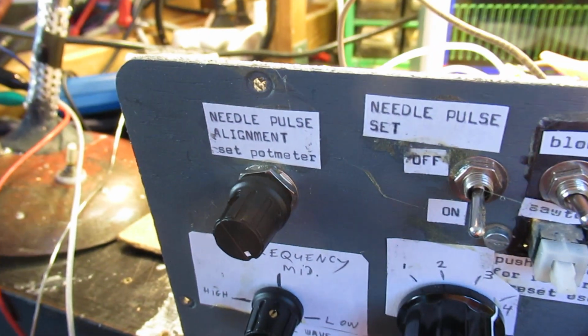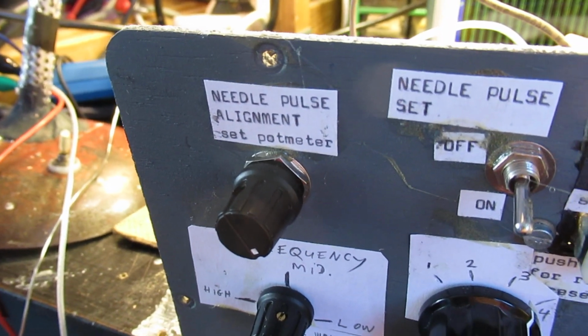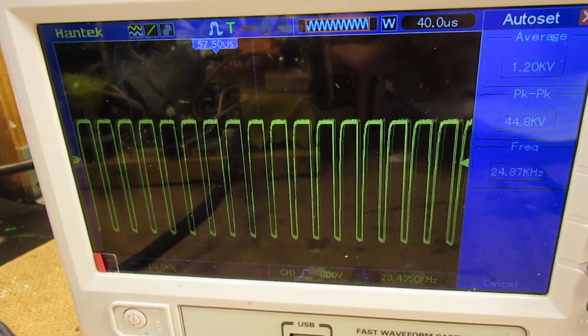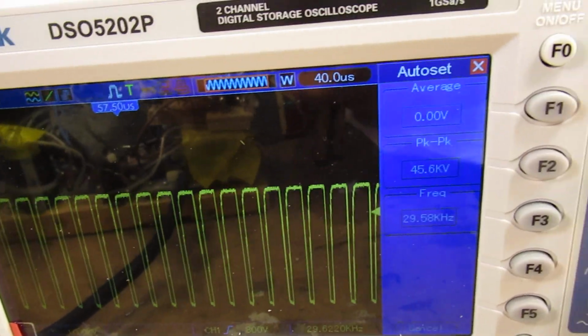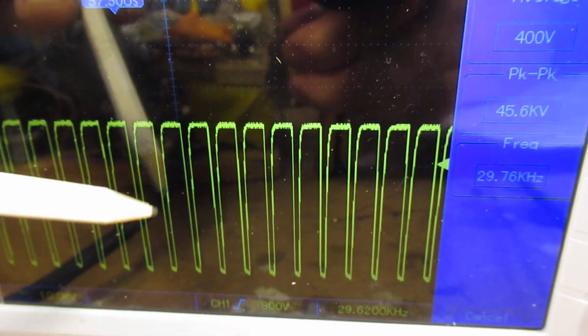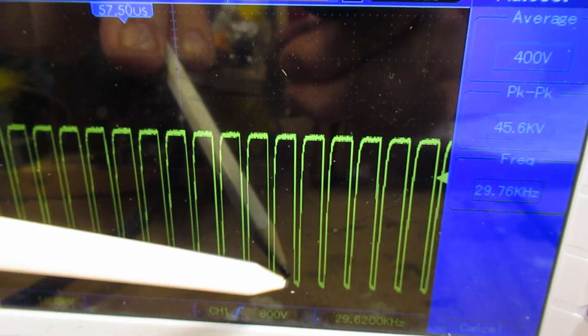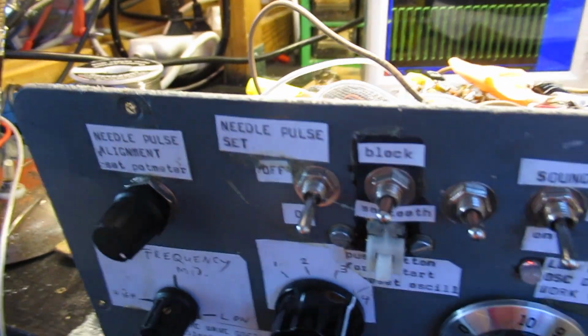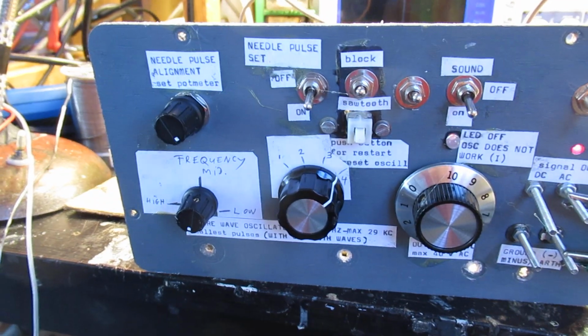Perhaps I have to make another electronic circuit for that, another setup, but anyway, you see what that means. So you have here needle pulses in the 29 kilohertz range, and these are the needle pulses here, etc. etc.